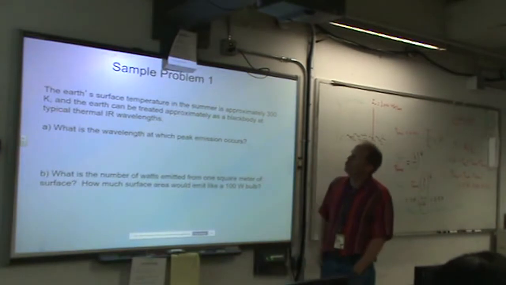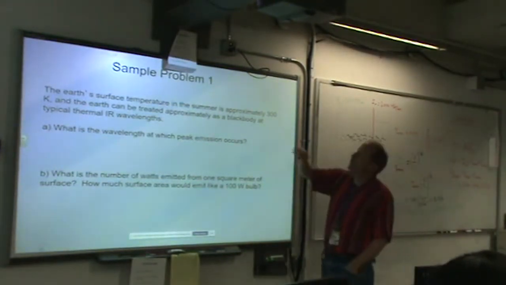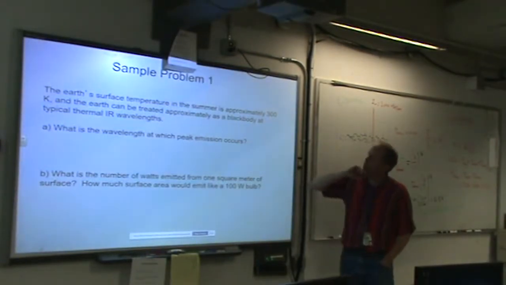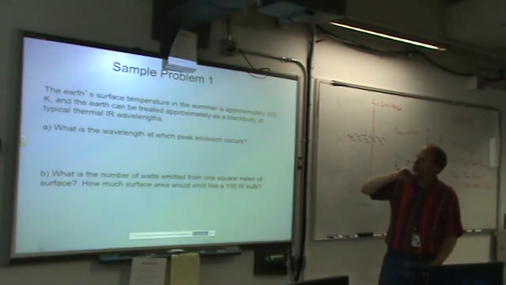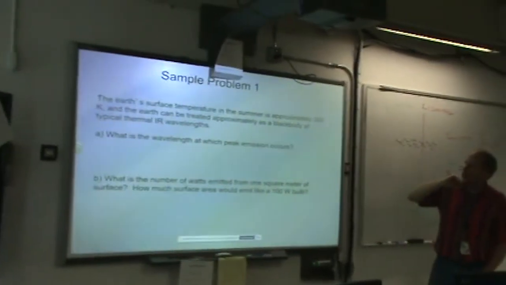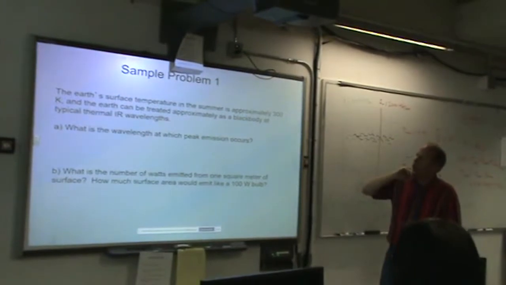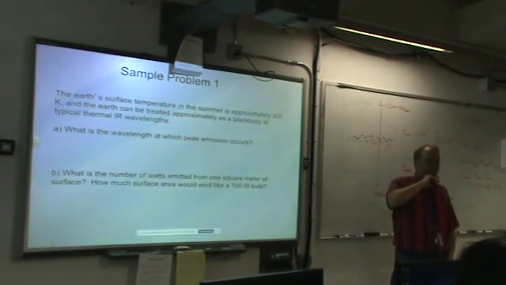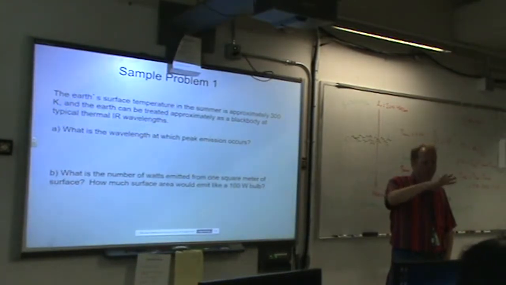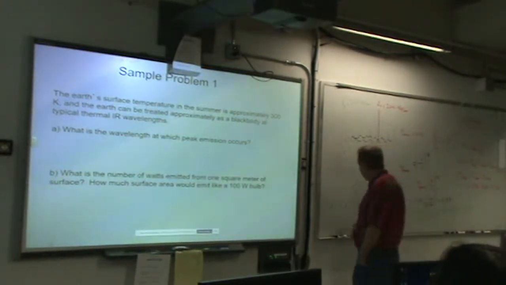So, let's do a little calculation here. The Earth's surface temperature in the summer is about 300 Kelvin. The Earth can be treated approximately as a black body, typical thermal IR. So at what wavelength would peak emission occur? This one I don't think I need to help with. You can work this one out. So we're talking about 300 Kelvin. What is the wavelength of peak emission?